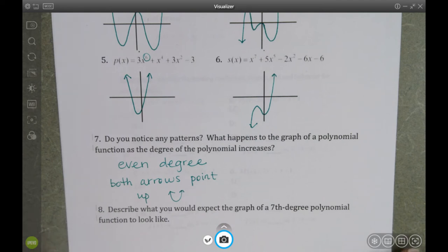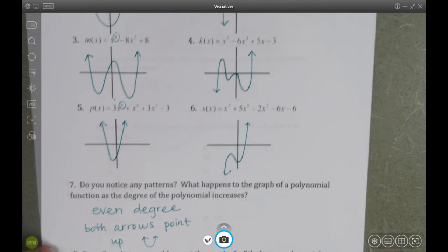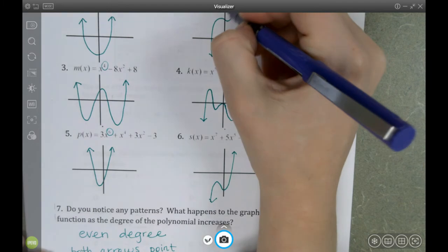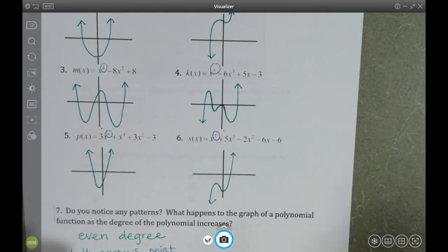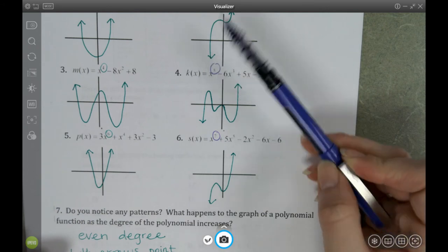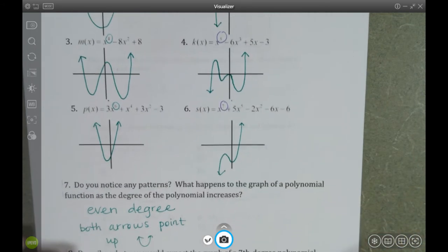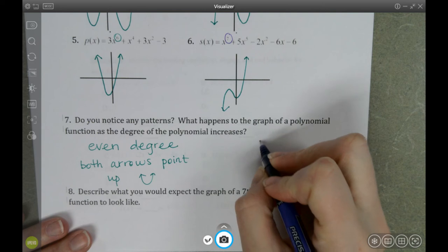What do you notice about all the degrees on the right side? Yep, they're all odd degrees, 3, 5, and 7. And when that happens, you have an arrow pointing down and an arrow pointing up, right? They go in opposite directions.